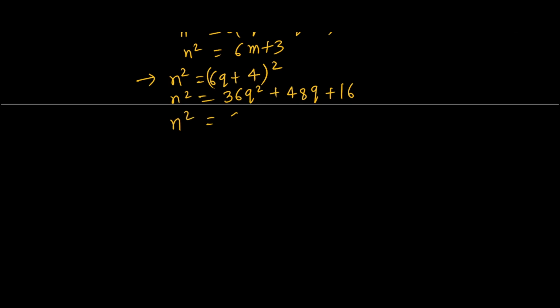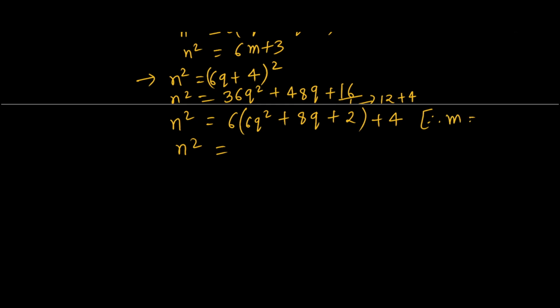So n square is equal to, 6 is common. So we can write this as 12 plus 4. So we will get 6q square plus 8q plus 2 plus 4. So hence m is equal to 6q square plus 8q plus 2. So we can take 6m plus 4.